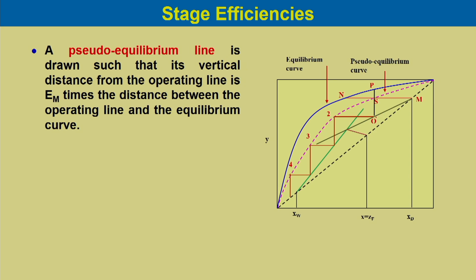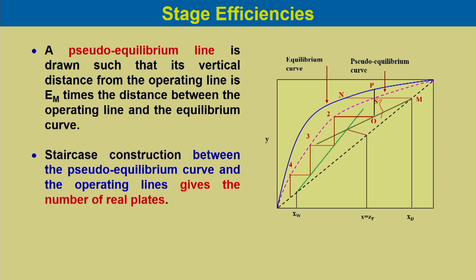Like, if you consider point O and point P over here, OS is E_M times the total vertical distance between the operating line and the actual equilibrium line, which is the blue line OP. So, staircase construction between the operating line and the pseudo equilibrium line, which is the pink line shown over here, will give you the actual or real number of trays or plates required for the particular separation.